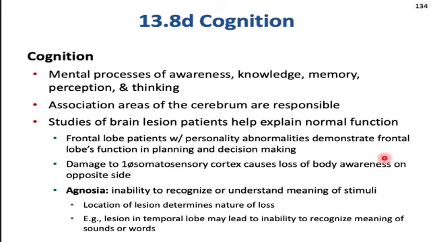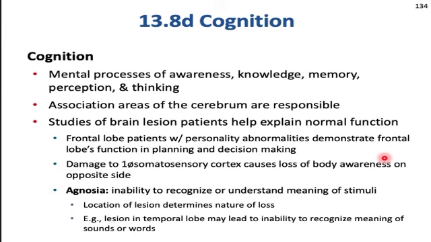Cognition is the mental process of awareness, knowledge, memory, perception, and thinking, and the association areas of the cerebrum help us do that. Okay, studies of brain lesion patients are helpful in understanding normal function, but they're not the be all and end all. Okay, again, to study something that's damaged, you've already got a problem with your model, right? Because it's damaged.